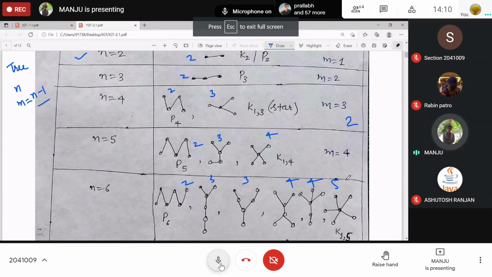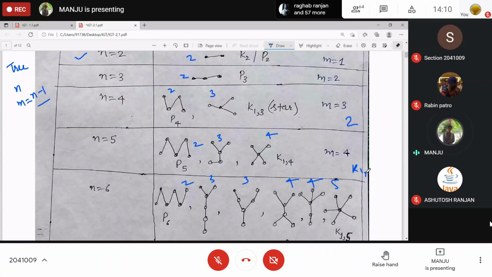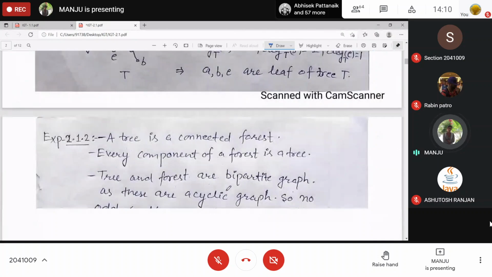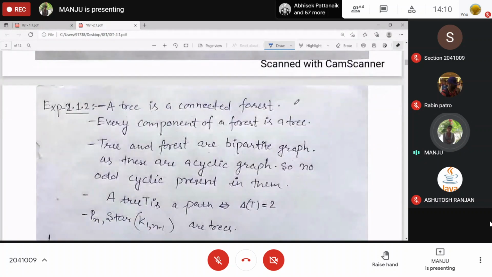In the case of K1,n minus 1, all these n minus 1 vertices are leaves. So at least 2 and at most n minus 1 leaves. That's the leaf done. Every tree is a connected forest.